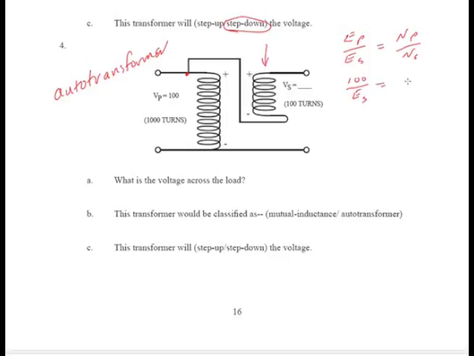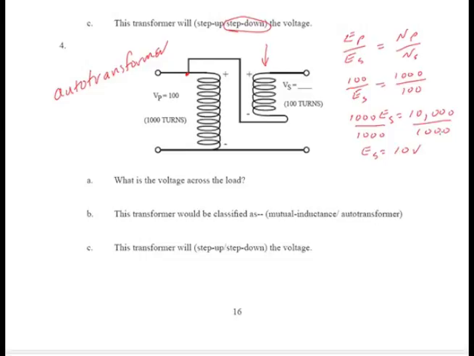The primary turns is 1,000. The secondary turns is 100. So cross multiply: 1,000 ES is equal to 100 times 100. It's 10,000. So if we want to isolate ES, we divide both sides by 1,000. And then we get ES is equal to 10 volts.